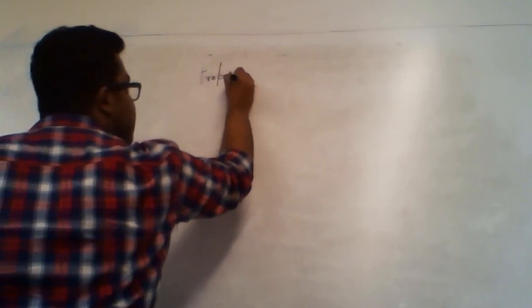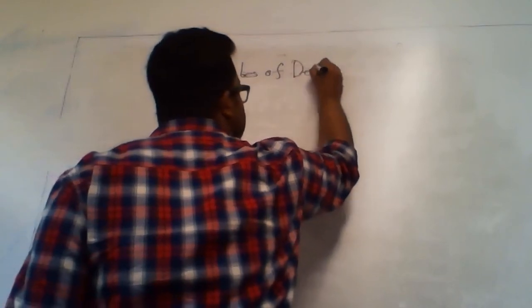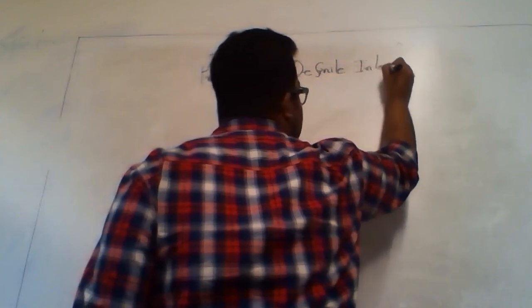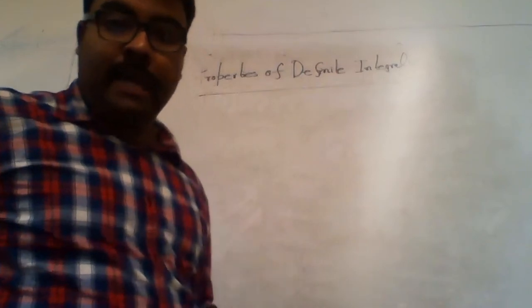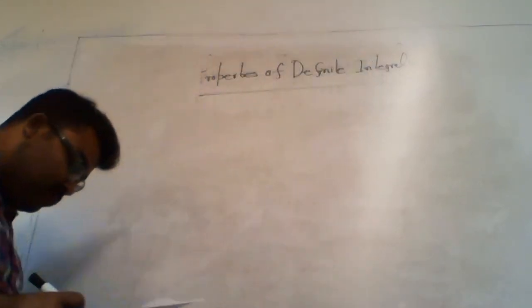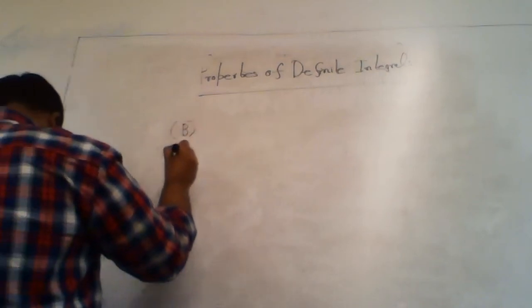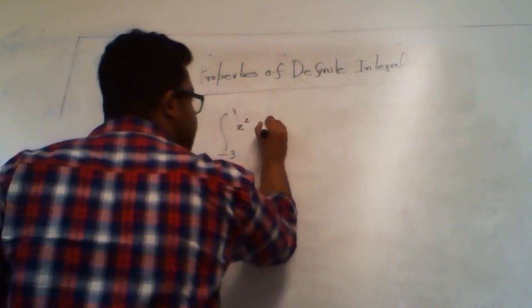So let me do the second problem. Using properties of definite integral, find out the value of this integral, from -3 to +3 of x square sin x dx.